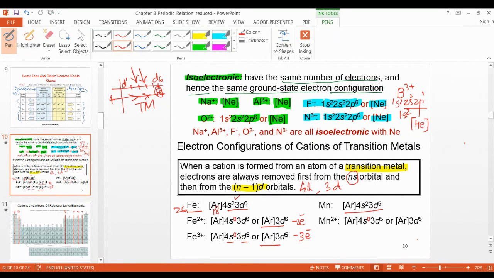Yes, doctor, I get this point, but my question is about the fourth group. Okay, what is your question about the fourth group? For other groups, for example the third group, it shows 3 electrons, right? Because whatever electrons are present in the valence shell should be removed. Yes. For that, you first write the electronic configuration, then check how many valence electrons are present in the valence shell, and remove those. Yes. So will the fourth group lose or gain electrons? Both. As I already explained, it is specific to carbon.